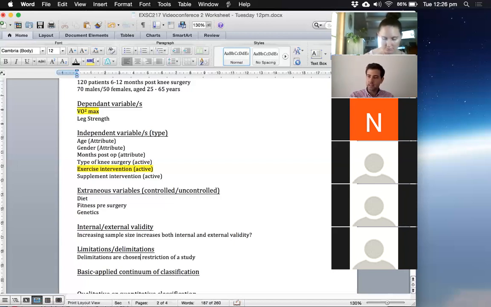We could only collect this small number of participants. It could be something that just wasn't seen by the authors or experimenters. So maybe they had used a measure that wasn't particularly valid, or an instrument that wasn't particularly valid. Maybe they just weren't aware of the lack of validity of that measure, and therefore that's a restriction of the study that we might pick up later on.